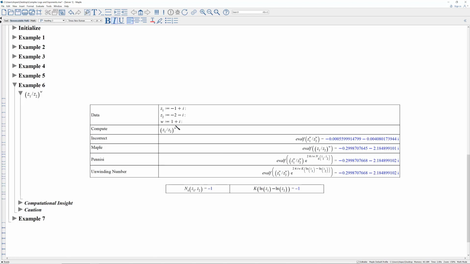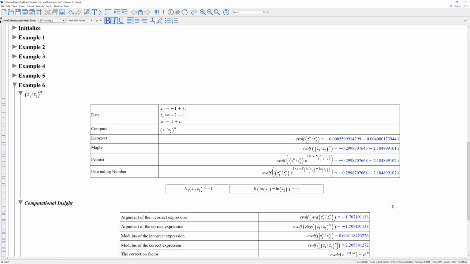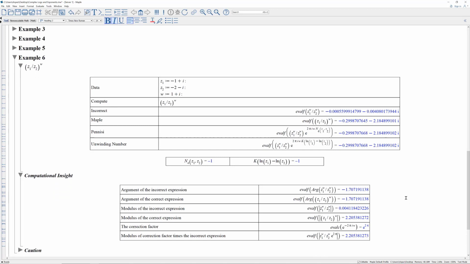That w is going to make this correction factor very simple, as we saw in example 5. However, in each instance, Maple, Panizzi correction factor, unwinding number correction factor, they all come out to be the same. So digging into these numbers a little bit more computationally to see what's happening.